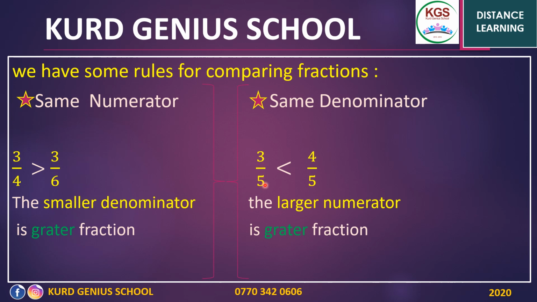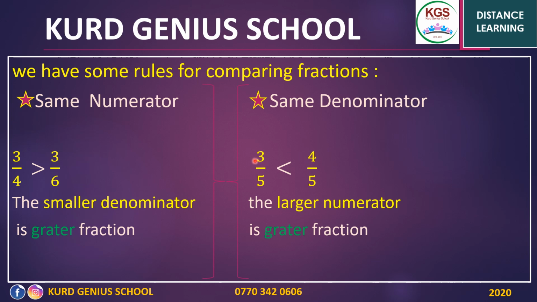With the same denominator, when you look at the top, the numerator, the larger numerator is the greater fraction. In this case, the one that has the bigger number will be the greater fraction.